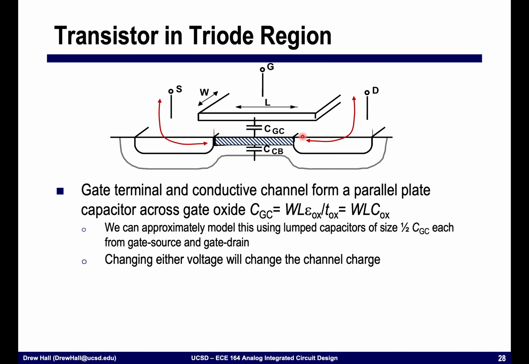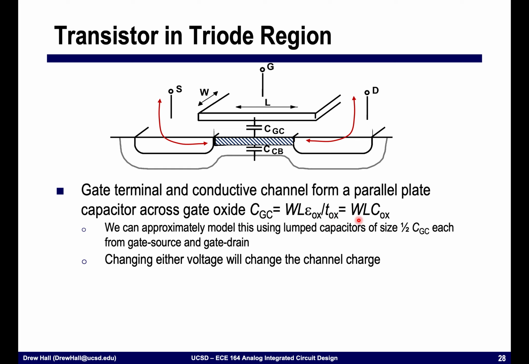And so we have a capacitance that is between the gate and this channel, and we're going to call this CGC, capacitance gate to channel. And then we have a capacitance down here that's from the channel to the body. This capacitance CGC is simply equal to a parallel plate capacitance, where I have the width of the gate times the length of the gate times the permittivity divided by the oxide thickness.